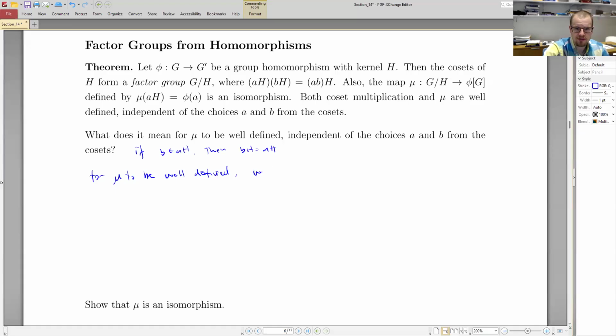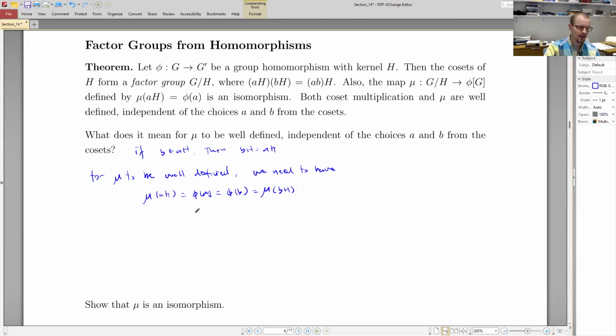We need to have precisely that mu of AH, which we're saying is phi of A, is equal to phi of B, which is mu of BH. Again, we already know that if it's the same coset, it's the same equivalence class from that equivalence relation that we discussed in the previous section.